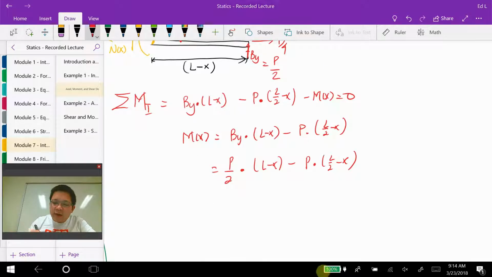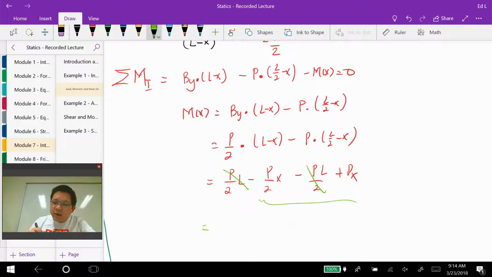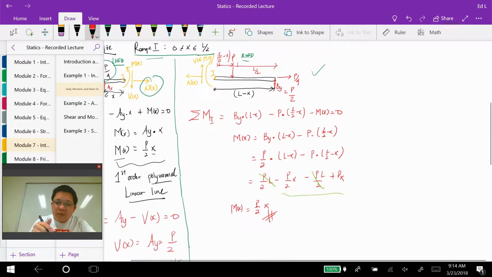We expand the expressions: we have PL over 2 minus P over 2 x, here we have minus PL over 2, and here we have plus Px. This will cancel out, and when we take this subtraction we obtain that M of x is equal to P over 2 times x, which is the same expression that we obtained from the left hand free body diagram.